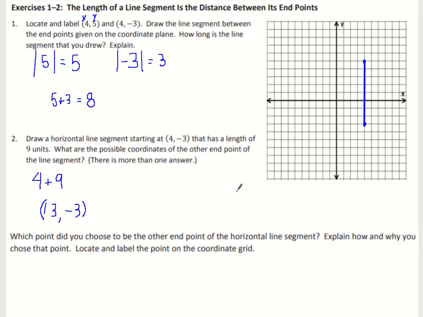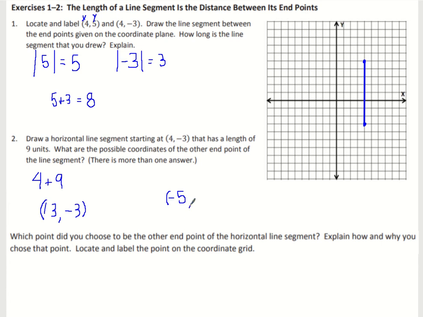For my other point, I need to go 9 to the left. And going 9 to the left, I can only go 4 to the left until I get to 0. And then I need to go 5 more to the left from 0. And what's 5 to the left of 0? Well, that's going to be -5. -5 is 5 to the left of 0.